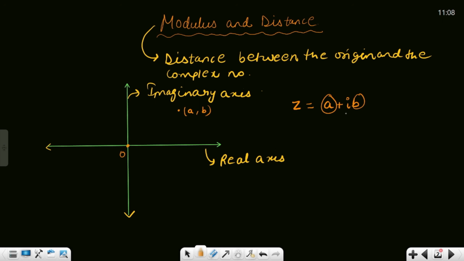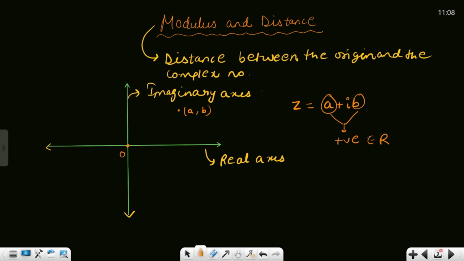As I told you previously, a is the real part and b is the imaginary part, because it is multiplied by iota. That's why we call b an imaginary part, but a and b themselves belong to the real numbers.